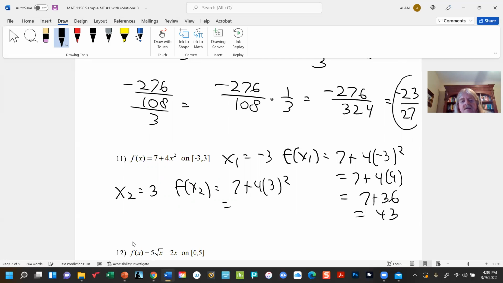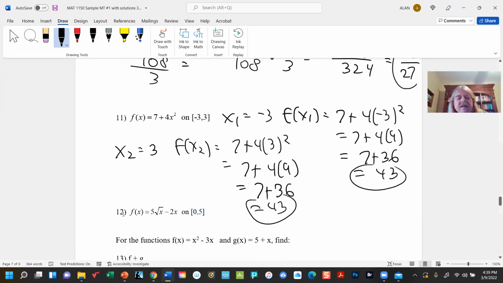Oh, it's the same. Now, you know what that means. We don't really have to go any further, because, remember, the numerator is the difference between these f of x's.